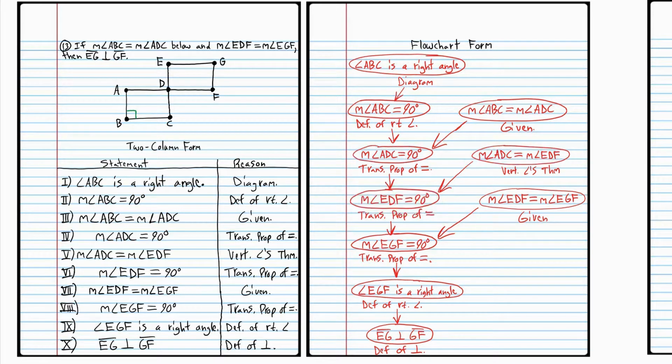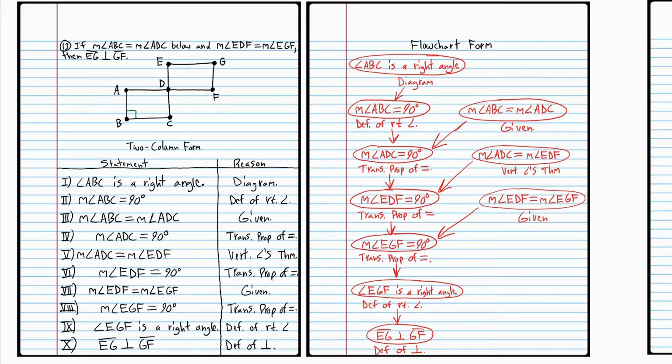And so now that we know that EDF is 90 degrees, we can combine that with this information, which was given in the first statement, to show that the measure of EGF is 90 degrees. We're told that this angle is congruent to this angle. That's the given information here.